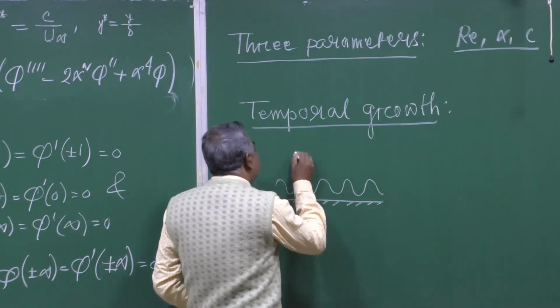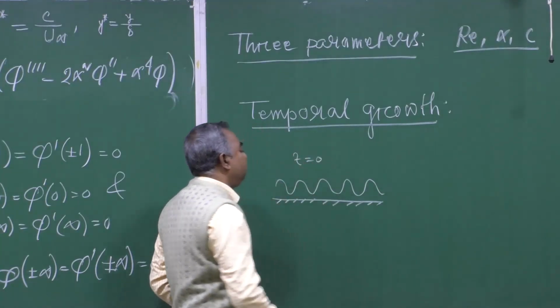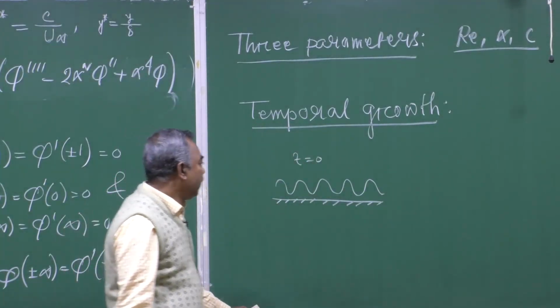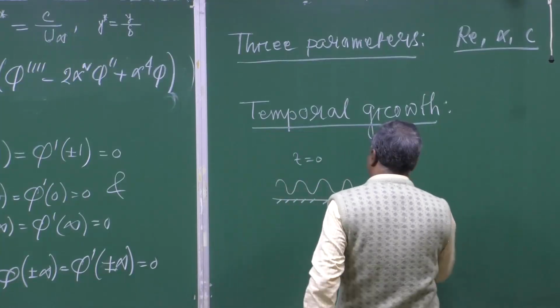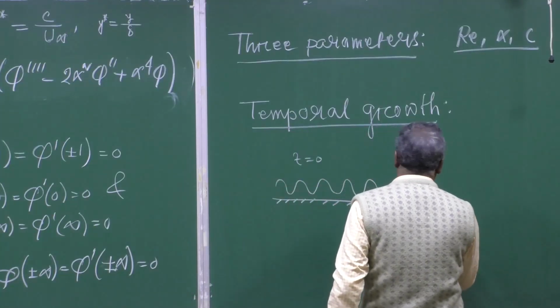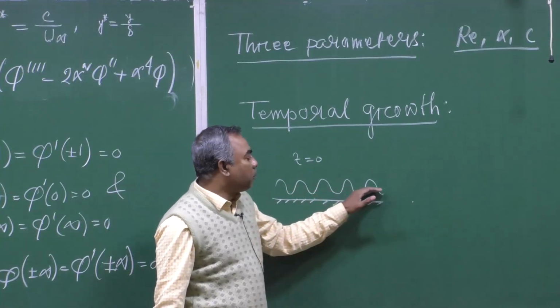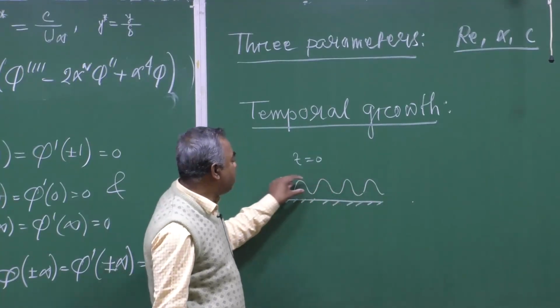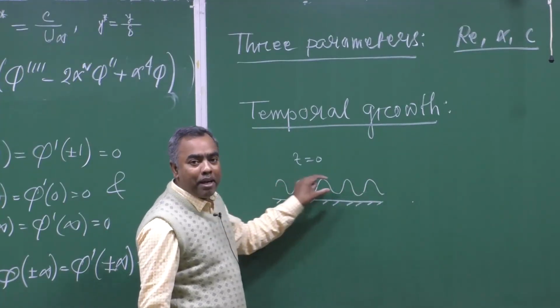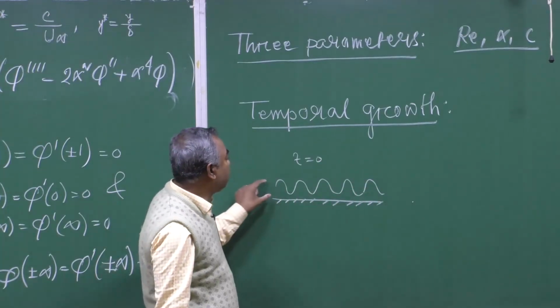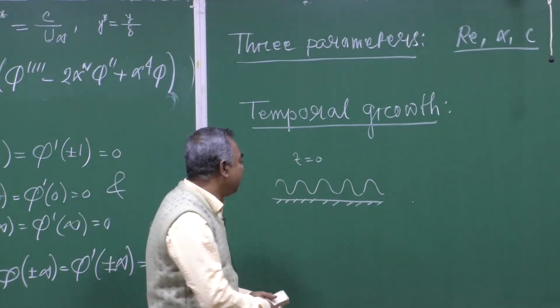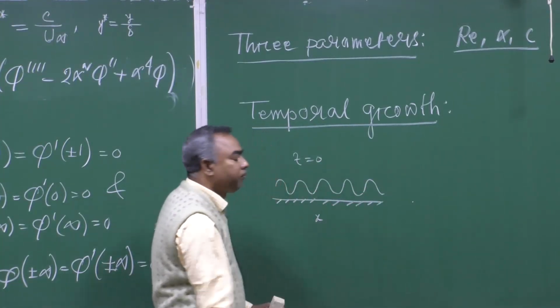Okay. This is at t is equal to 0. Let us say this wave is there within a flow. So, in this wave, amplitude at each and every x location at t is equal to 0 is the same. Wave amplitude is not changing with respect to distance in this particular case. Let us say this is your distance.